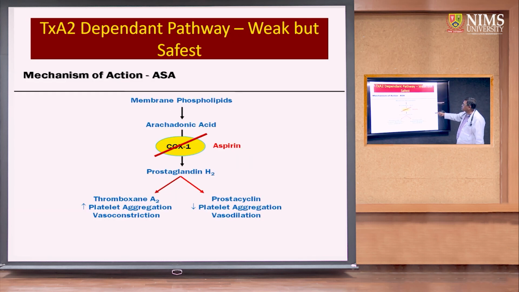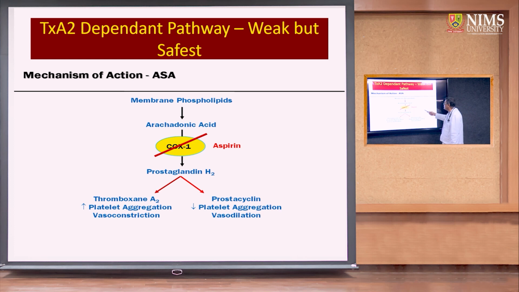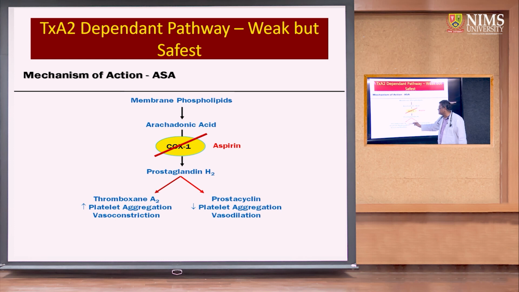Now aspirin acts through the COX-1 pathway, I showed you that, but this is a bit more detailed: membrane phospholipids are there, arachidonic acid is there. Arachidonic acid leads to formation of prostaglandin H2 and thromboxane A2, which is a platelet aggregator, and prostacyclin, which decreases it, but more effectively it increases thromboxane A2.